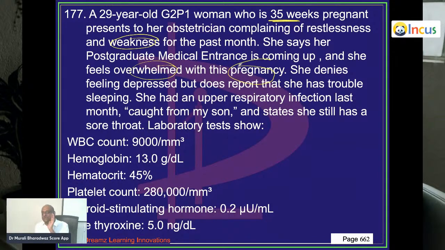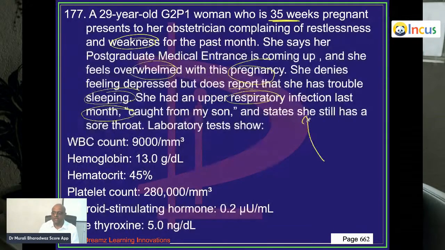Pregnancy is coming. I don't want to carry this pregnancy until I get the NEET PG. She denies feeling depressed but does report trouble sleeping. And she had an upper respiratory infection last month, and she says that she got it through her son. Already she has a son.